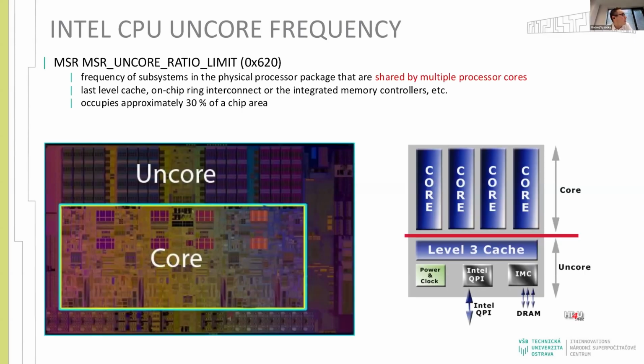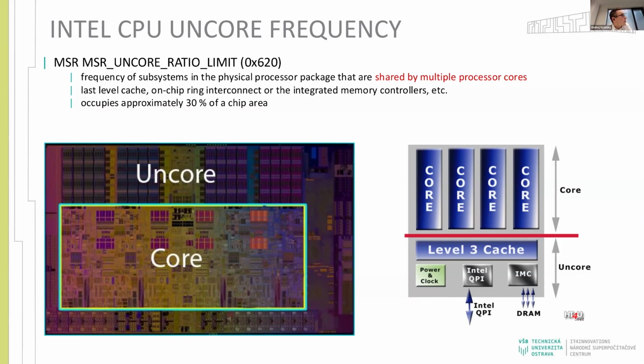So, working on the Marenostrum 5, we have here the Intel Sapphire Rapids CPU. Intel CPUs have 2 power domains, core and uncore. You can see the uncore area is pretty large, approximately 30% of the chip area.